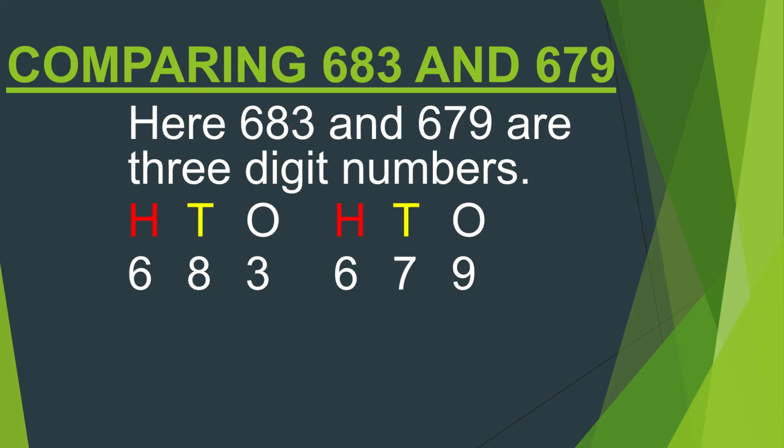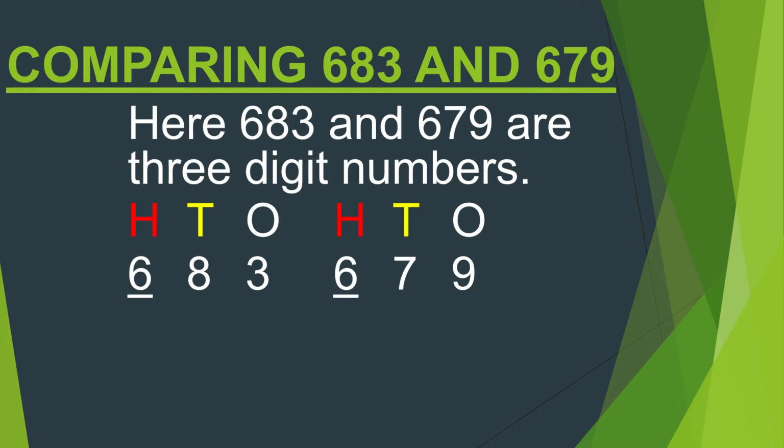In 683, the hundreds place digit is 6. And in 679, the hundreds place digit is 6. In both the numbers, the hundreds place digit is same. Then what we have to do? Yes, we have to compare the digit in tens place.